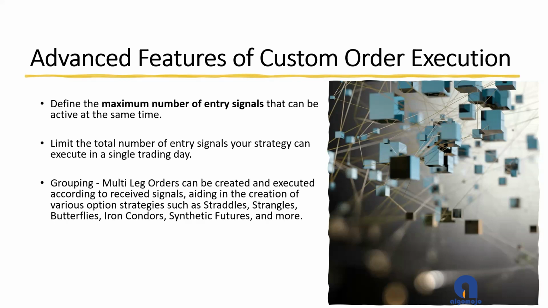Now, if you're an option trader and you have multiple legs of orders to be placed using a single signal, that's possible. Suppose you have an option strategy involving, say, 5 legs, and out of those 5 legs, two are option selling and three are option buying.